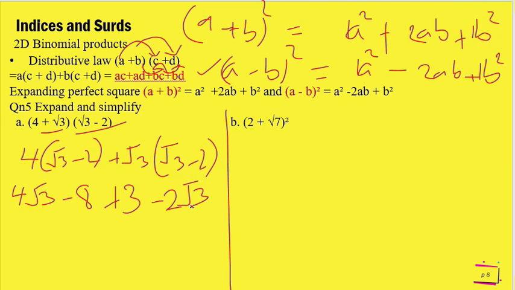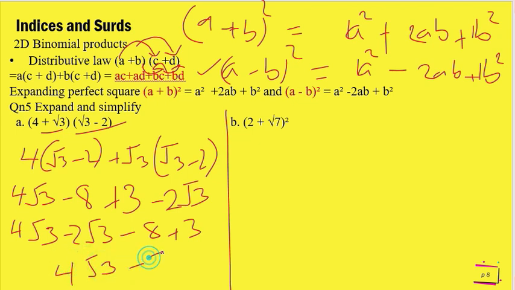Now collecting the like terms together, we have 4 root 3 minus 2 root 3, then minus 8 plus 3, and this gives us 2 root 3 minus 5. That is the answer for that question.